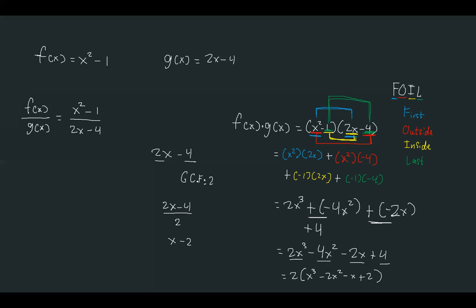Then the GCF that you used to divide this expression, which is 2, we're going to put at the side of x minus 2. Therefore, the answer here is x squared minus 1 all over 2 times quantity x minus 2. That's it.